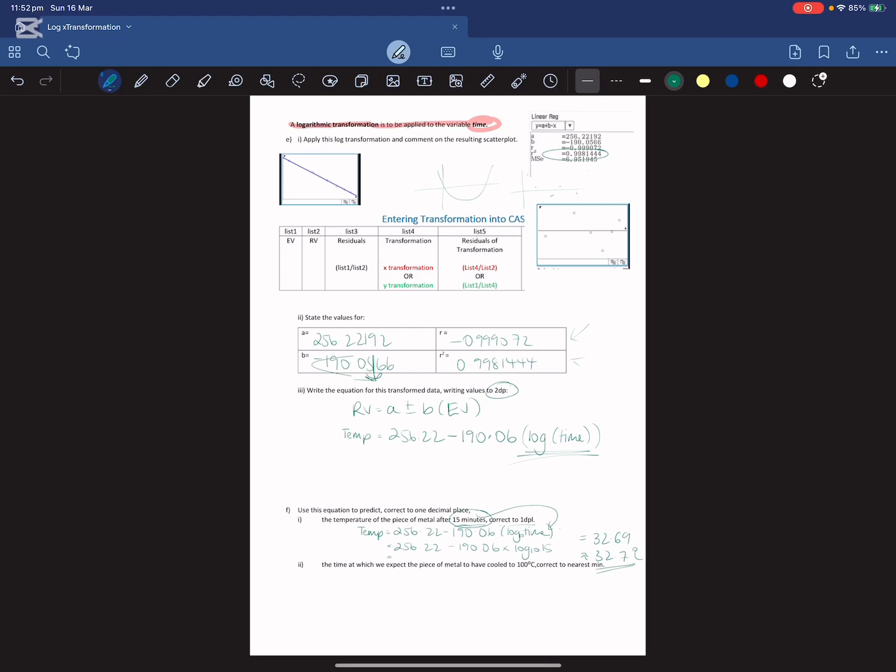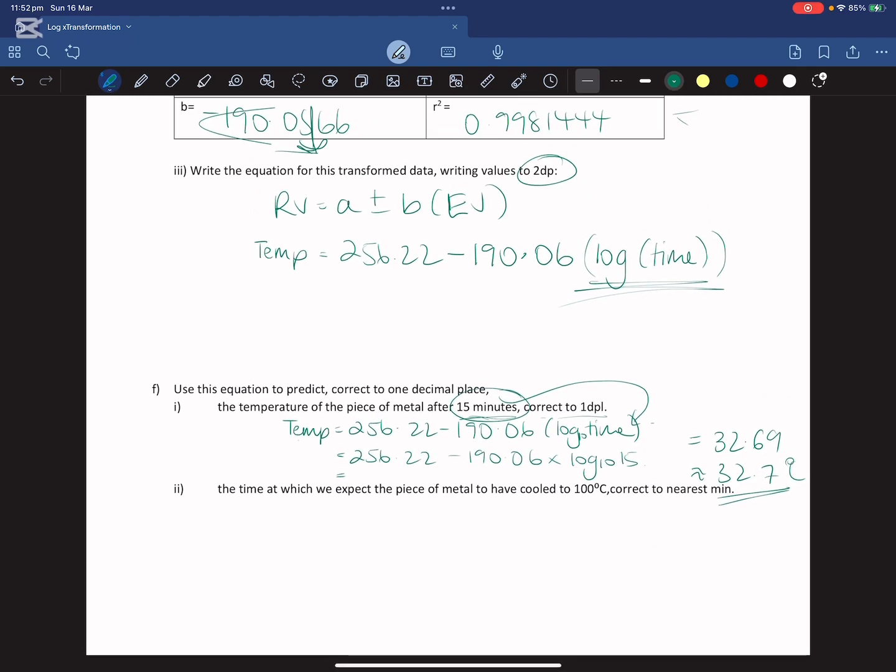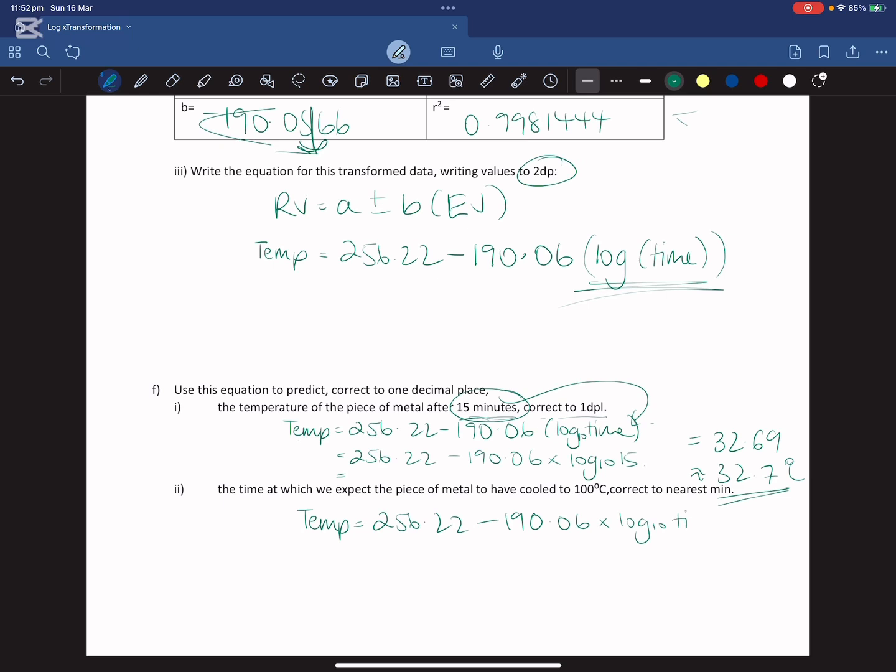Okay, so that is that one. This next one, again, my temp is equal to 256.22 minus 190.06 times log 10 of time. The question asks for the time that we expect the piece of metal to have cooled to 100 degrees Celsius. So this time we've got the temperature.